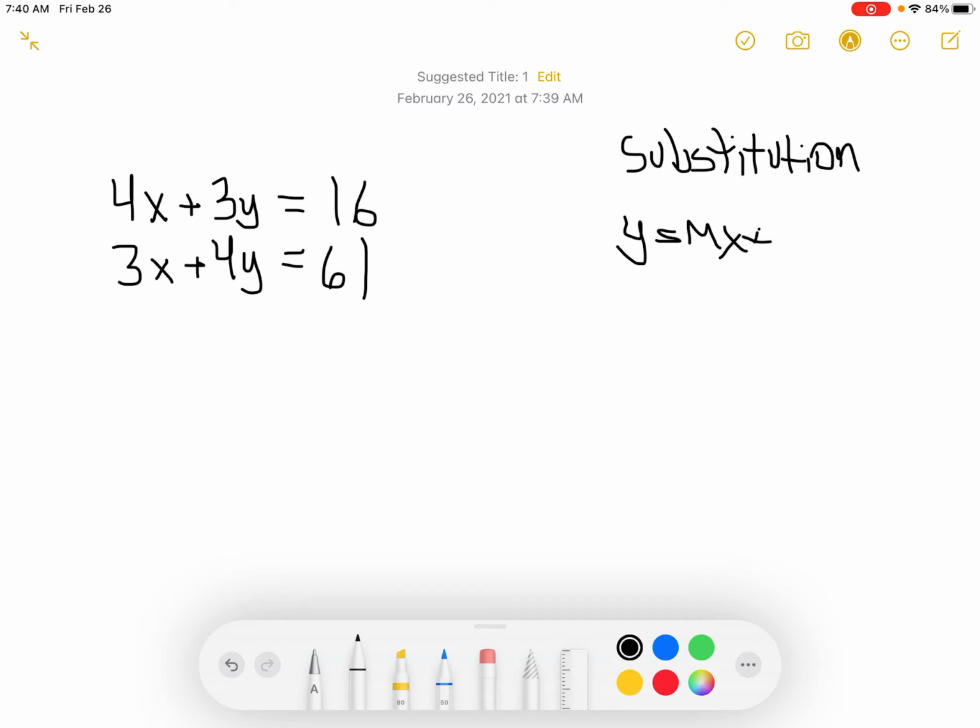It doesn't matter which one you choose, you just choose one of them. And then after you do that, you plug that equation into the y of the other one. And then you just solve. So let's say we just want to make this top one into the y equals mx plus b form.